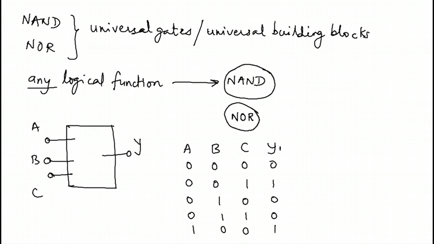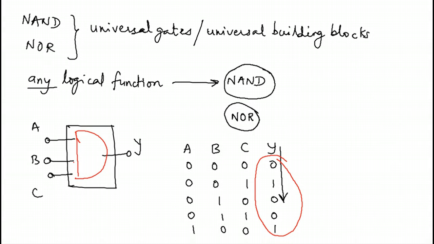So you can see that Y is not following any well-known pattern. It's not obviously going to be a single AND gate over here, or a single OR gate, or a single NAND gate for that matter, which is going to give you this type of output.